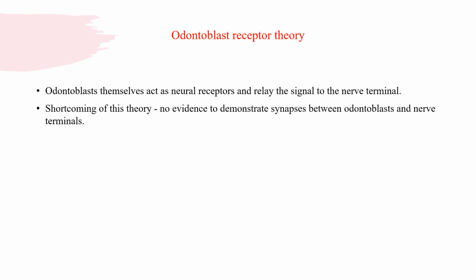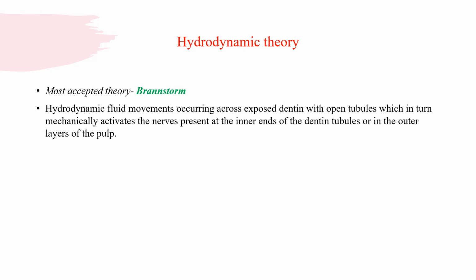The next is the odontoblast receptor theory. In this, the odontoblasts themselves act as neural receptors and relay the signal to the nerve terminal. The shortcoming of this theory is that there is no evidence to demonstrate synapses between odontoblasts and nerve terminals. The most accepted theory is the hydrodynamic theory given by Brännström.